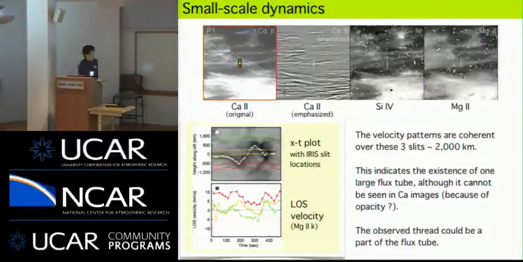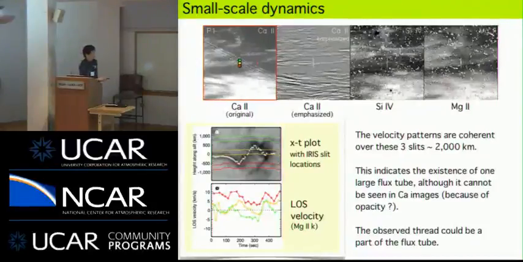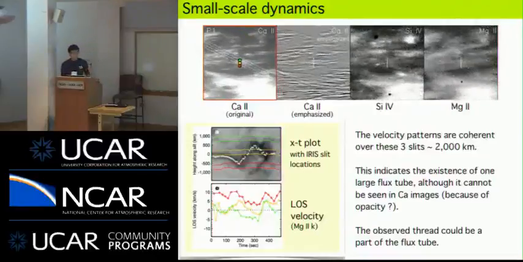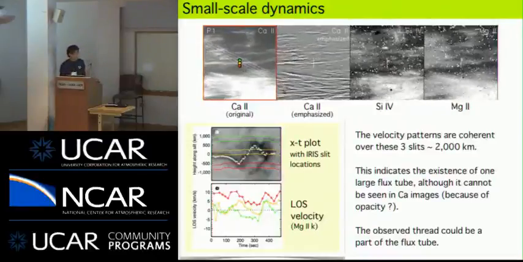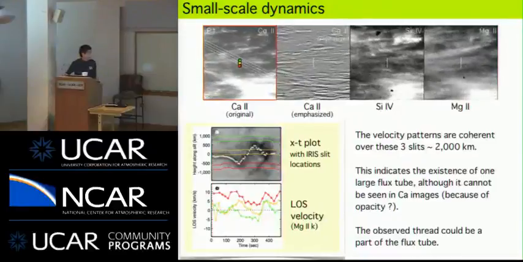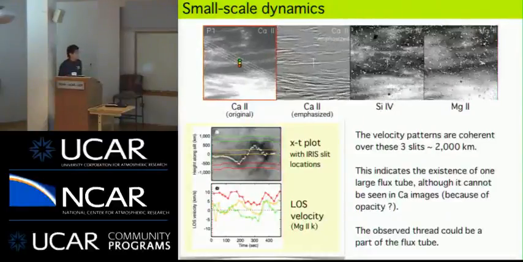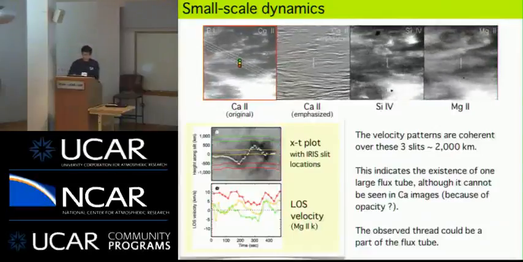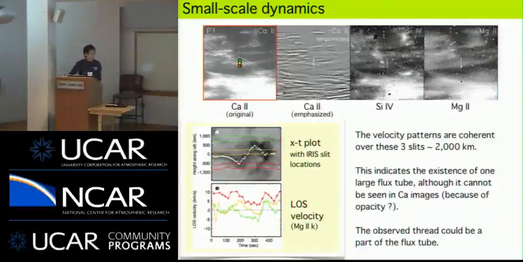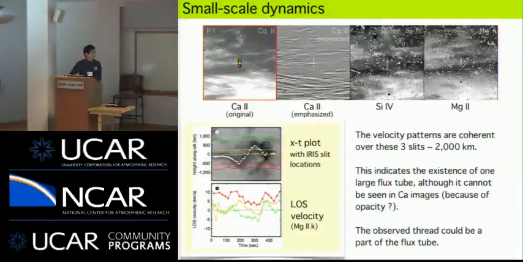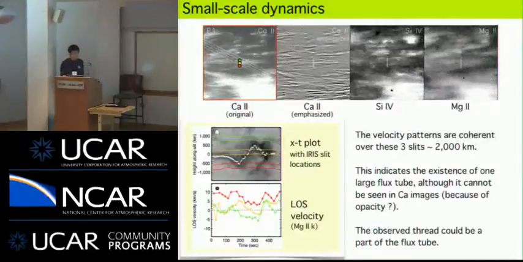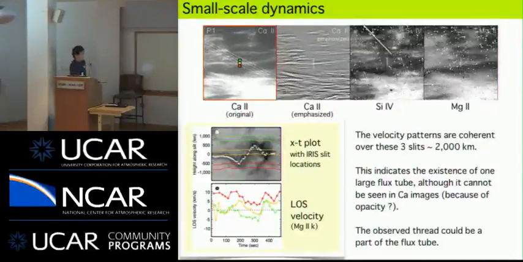But this is much larger than the width of the calcium thread. So this indicates that there is a larger flux tube, but we cannot see it in calcium images. That may be due to opacity effect of magnesium line. This is taken by magnesium line.